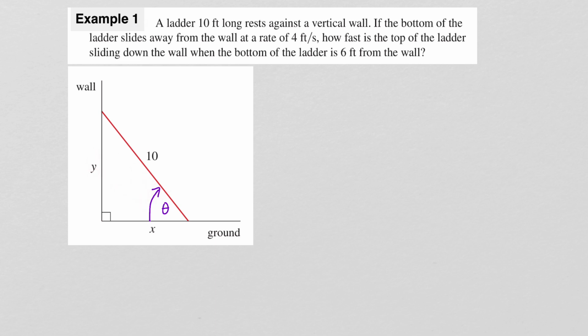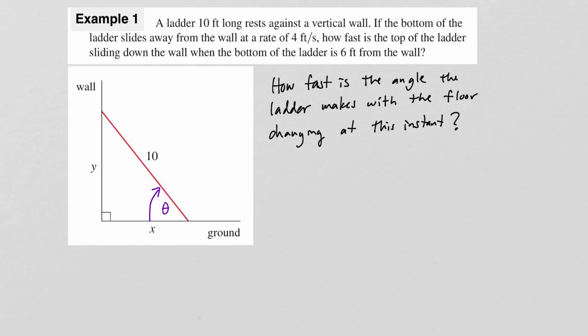Therefore, the angle theta would be changing, this angle here, and it would in fact be getting smaller. So I can ask a question like, how fast is the angle that the ladder makes with the floor changing at this instant? And when I say this instant, I'm talking about at the instant that the bottom of the ladder is 6 feet from the wall.